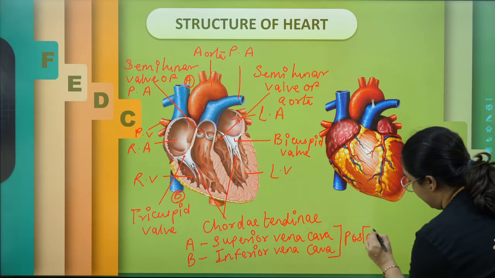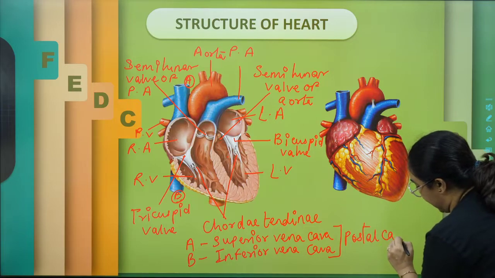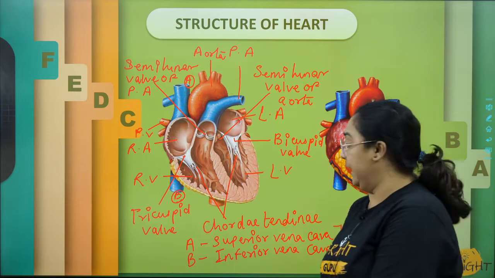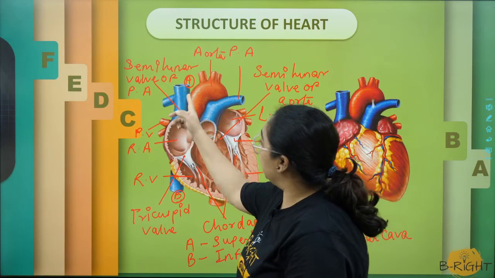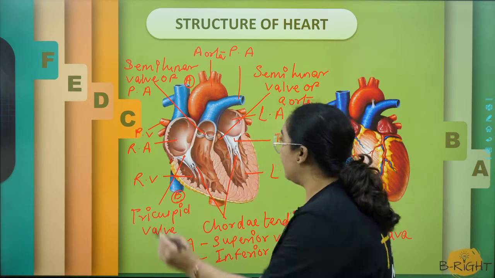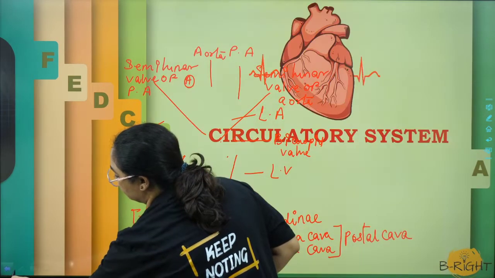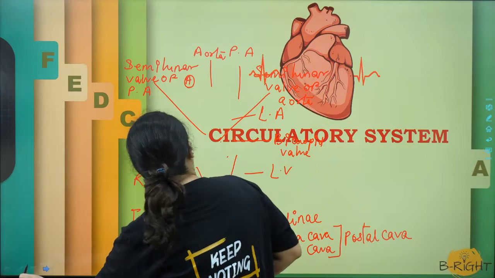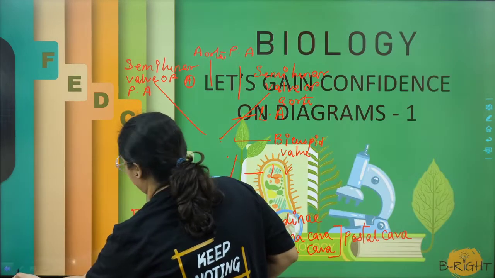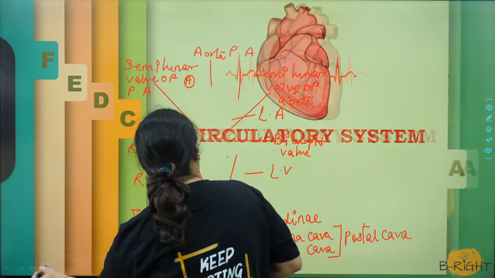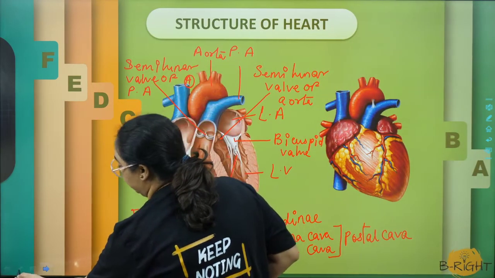Everyone note it down. We call both of them together postcaval, and that is A and B. Now A brings the oxygenated blood, I'm sorry.